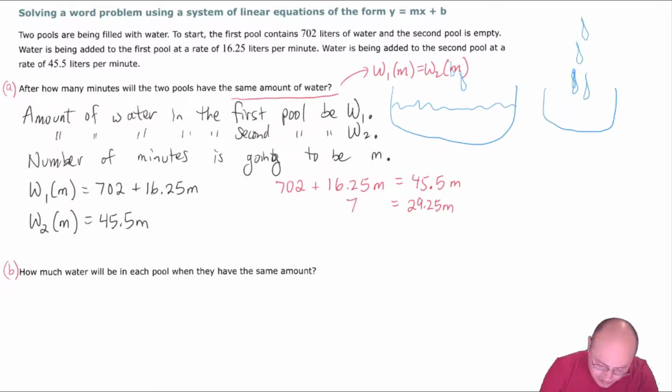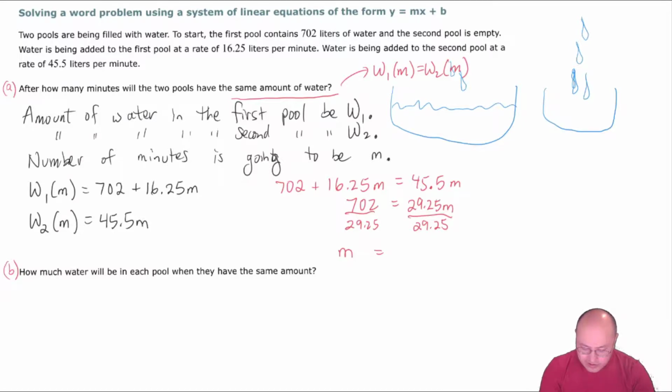29.25 m is now equal to 702. Divide both sides by 29.25, and we should get m. Let's figure out what that is. Turns out to be a nice even 24.